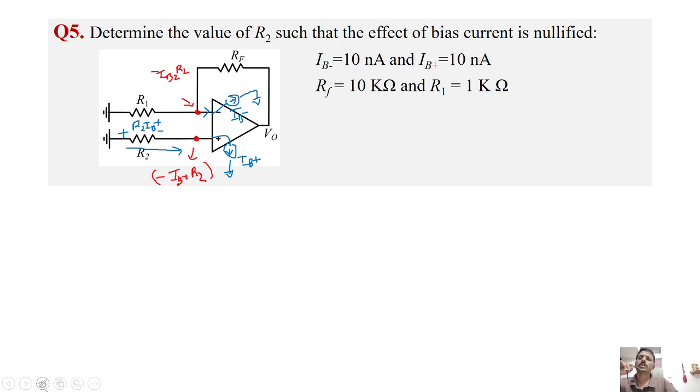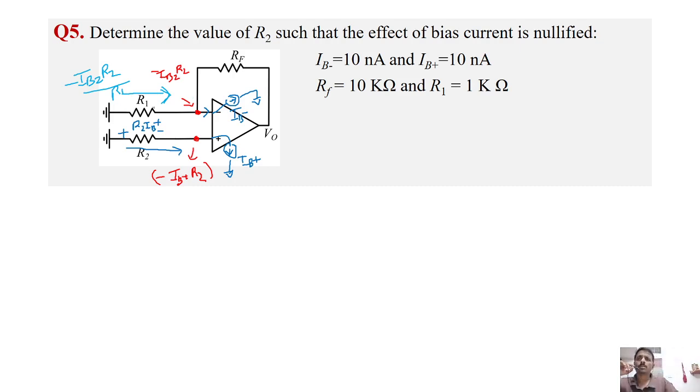Since such a voltage is there at this node, a similar current will flow in this direction through R1. This current will be equal to the voltage across R1 divided by the resistance R1. So minus IB plus R2 divided by R1 is the current through this R1.